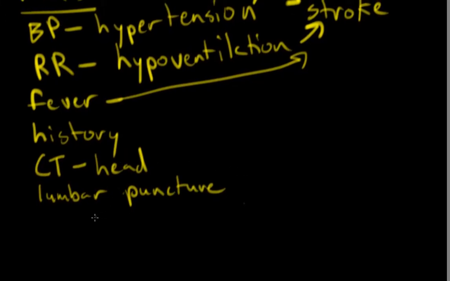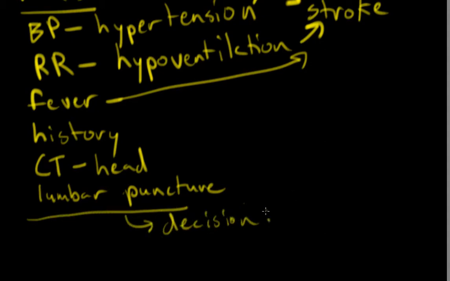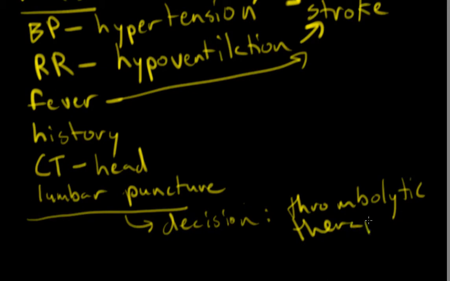And in addition to this, what these all tell you, these vitals, they will allow you to make your first decision. We'll go more into this decision later, but the first one is whether to use thrombolytic therapy. Thrombolytic therapy refers to giving the patient drugs that can clear a thrombus or a blockage.